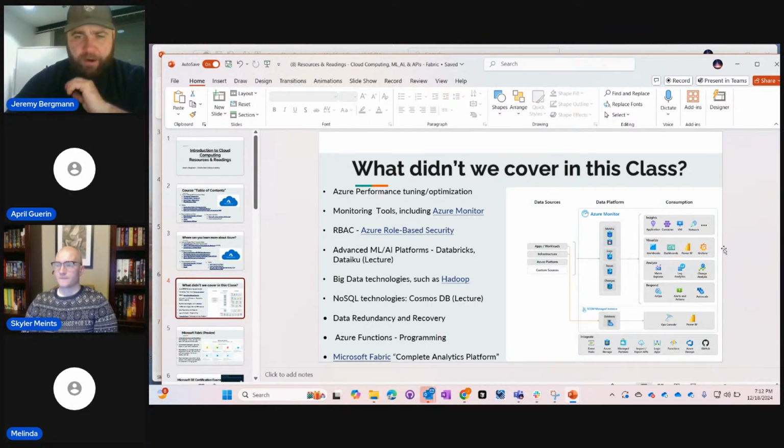there is an entire Azure platform up there that I've mentioned a few times in class with various relational databases, big data technologies such as Hadoop and Cosmos DB, NoSQL.